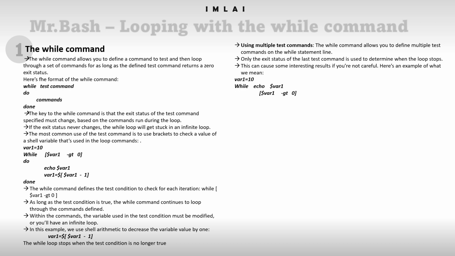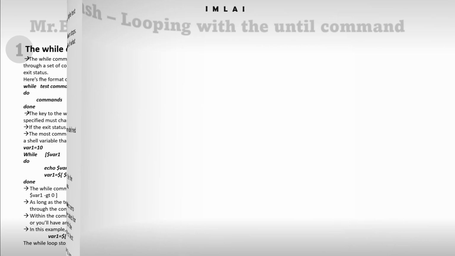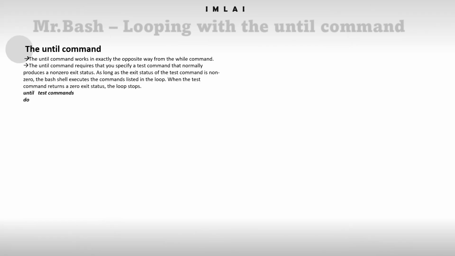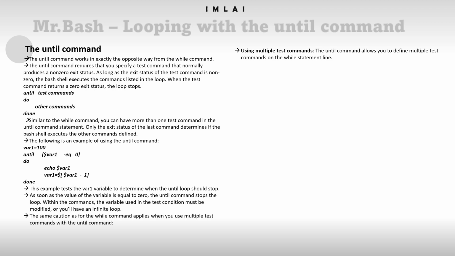And the next one is the until command. The until command provides a method to iterate through commands, but it bases its iterations on a command or condition producing a non-zero exit status. So this feature allows you to set a condition that must be met before the iteration stops.